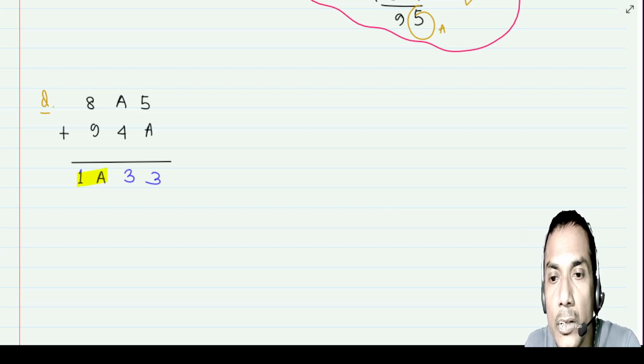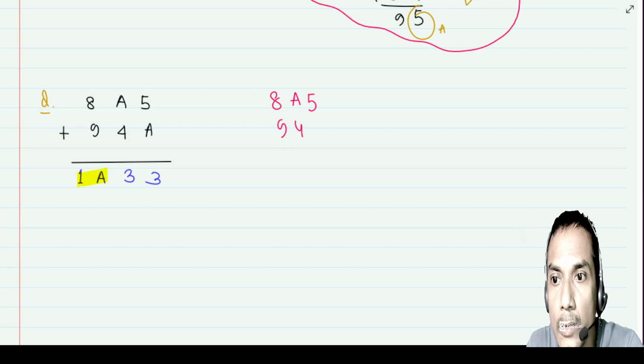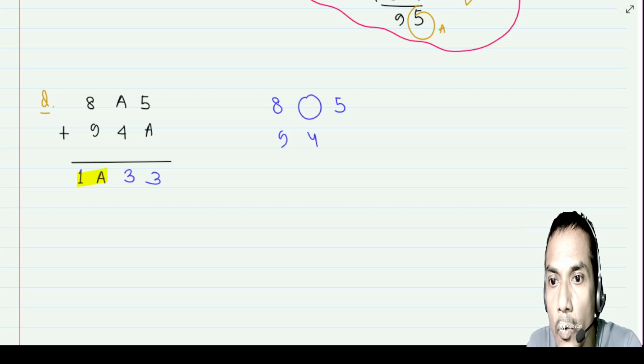So 1A we considered, we have to consider 8A5 plus 594. 8 and keep it blank, 5 9 4 keep it blank, then it is 1 and blank 3 3.